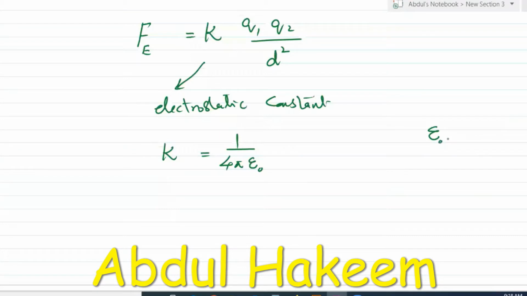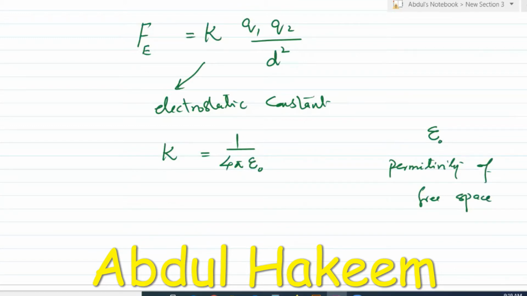This symbol is epsilon naught. And epsilon means the permittivity, the degree of permission for attraction or repulsion. And epsilon naught means the permittivity of the vacuum, of free space. Free space means the vacuum.